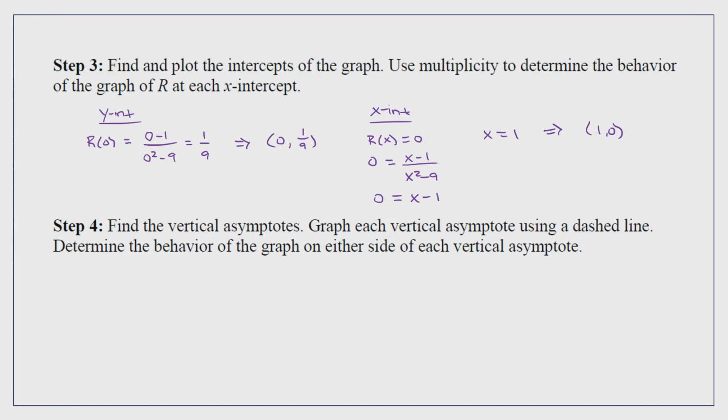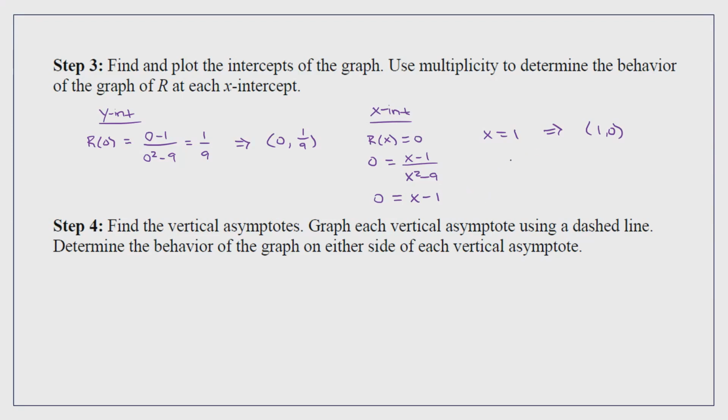Now, the multiplicity of this x-intercept is going to be 1, because the factor that gave us x equals 1 has a power of 1.